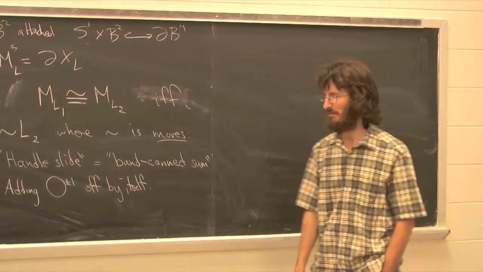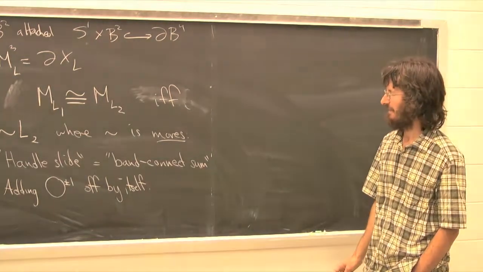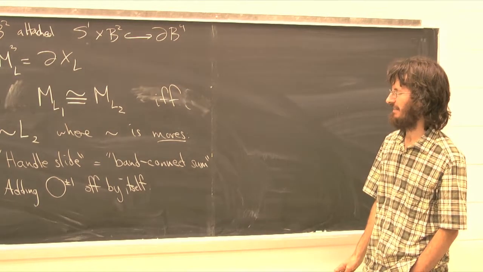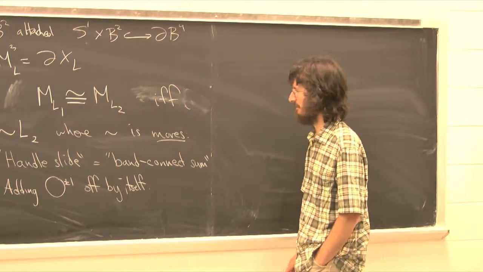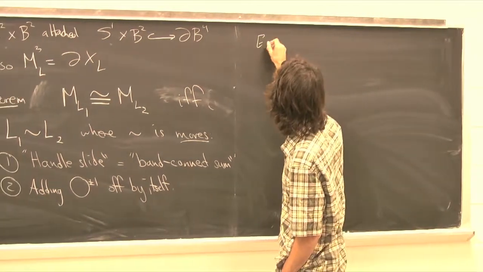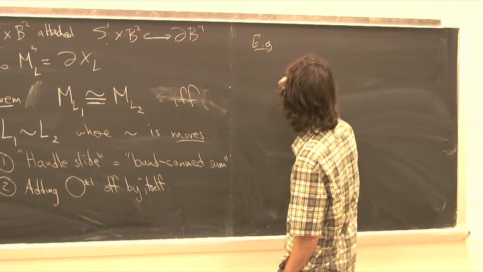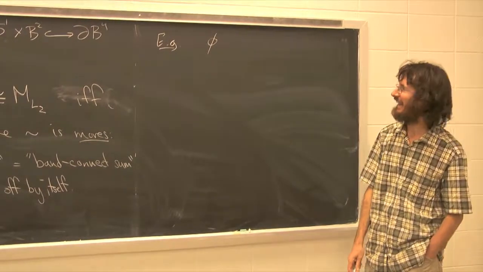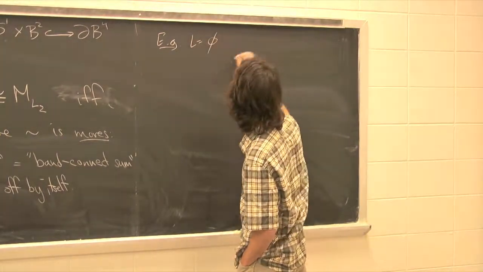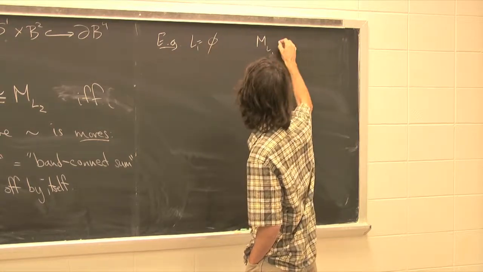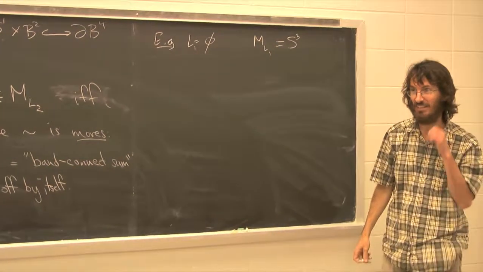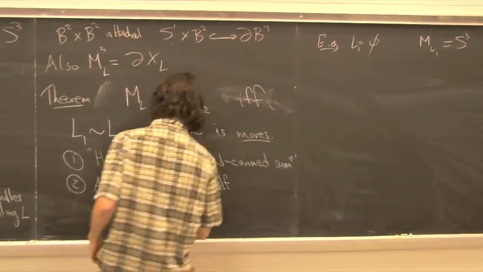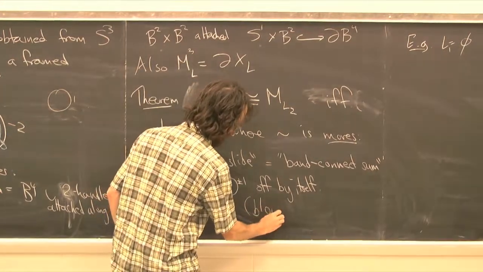Let me give you a simple example to demonstrate some of these moves. We'll start with the empty diagram, so no link at all, the empty link. If L is just the empty link, then M sub L1 is S3. Then we could modify that by doing what is called a blow-up.